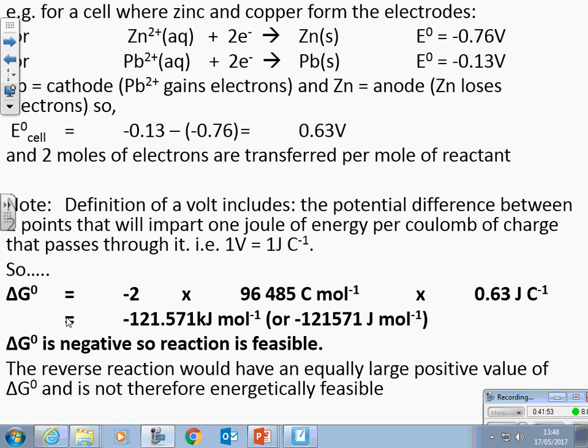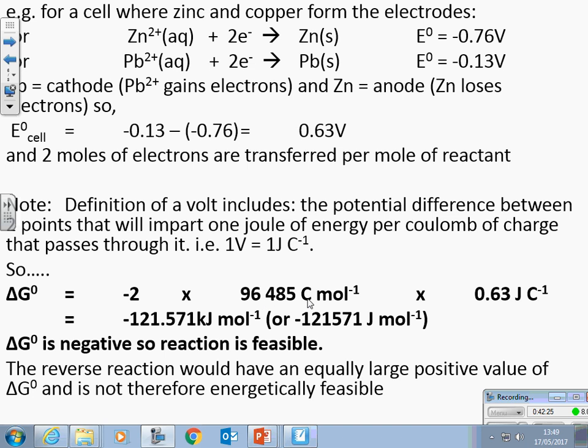So if we use that delta G equals minus nFE naught for the cell, we get this. Delta G naught for that example up there is minus 2, because that's the minus n, multiplied by the Faraday constant. Really important in something like this to keep putting the units in. But oh dear, you can trip over that so easily, getting the uppercase, lowercase thing wrong.